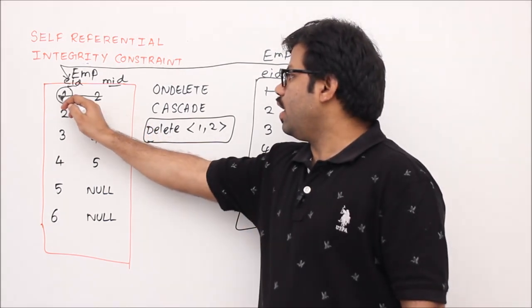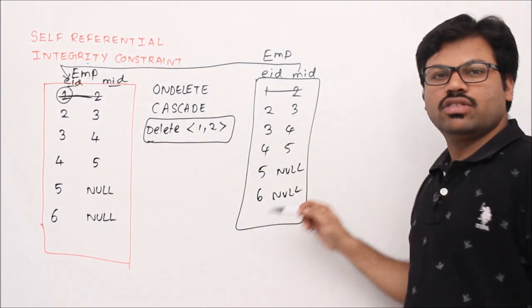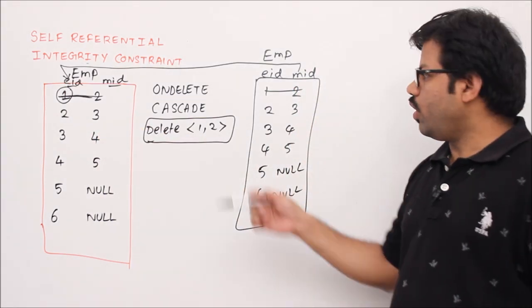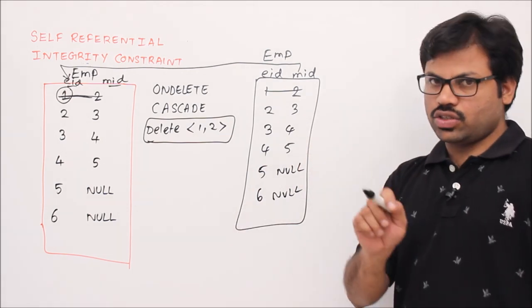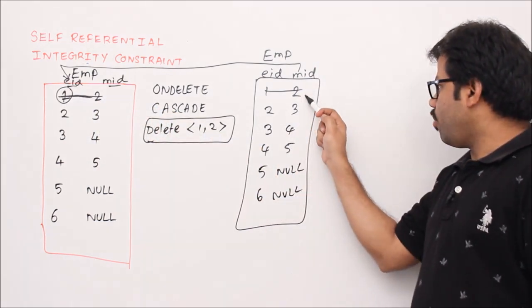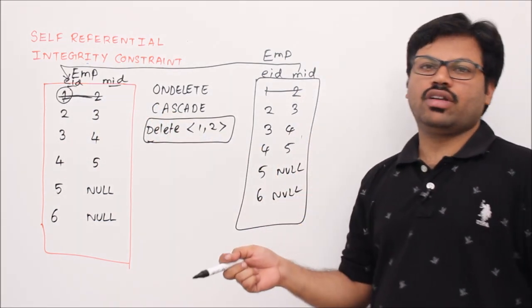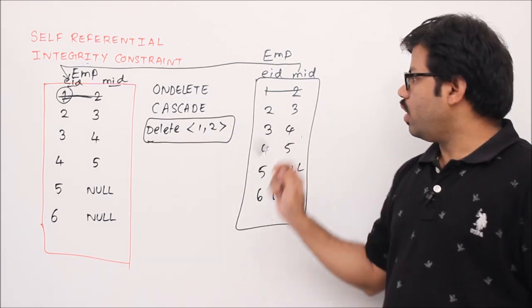So when you delete employee ID 1, this one is not referred by anyone, so there is no problem. Though it is on delete cascade, nothing new will be deleted. Understand? Ask yourself: is this one referred by manager ID? No. Stop it. So in this on delete cascade model, if I delete 1 comma 2, only one tuple will be deleted.